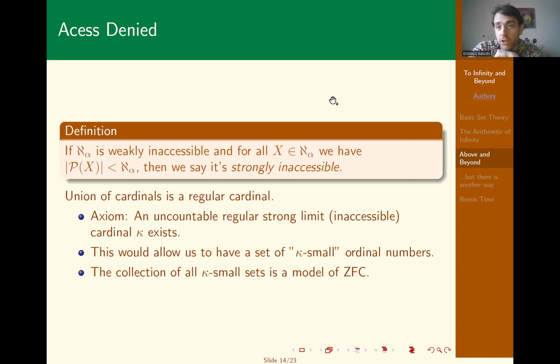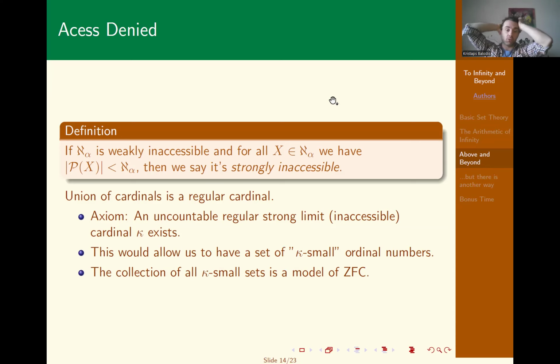One of the ways we can work around this, and I'm going to give another argument in a second why this should be true, is we can suppose the existence of a new set, kappa, and we can consider the collection of all ordinals that are less than kappa. But we're going to assume something about this kappa.